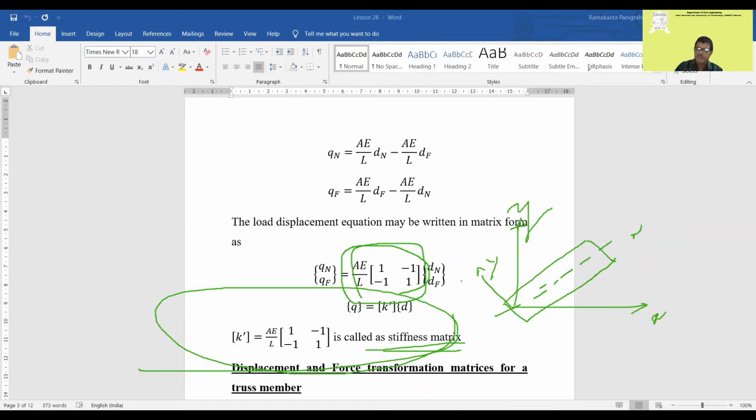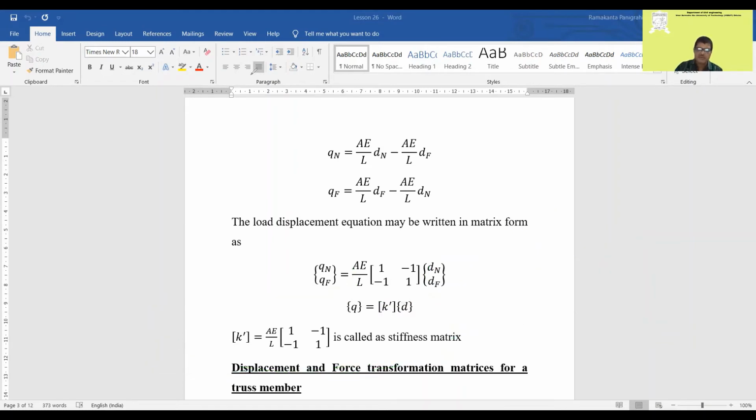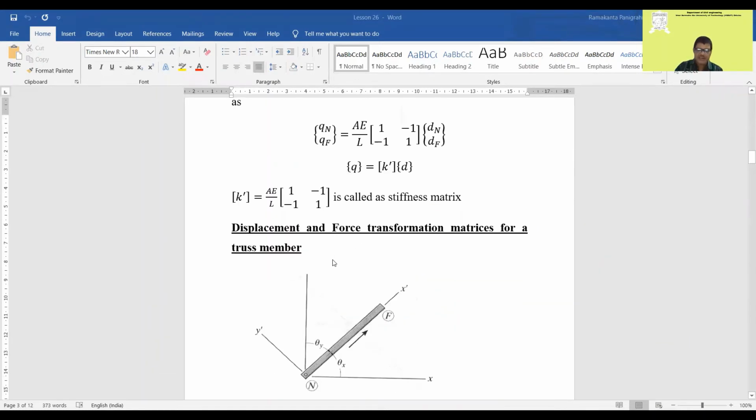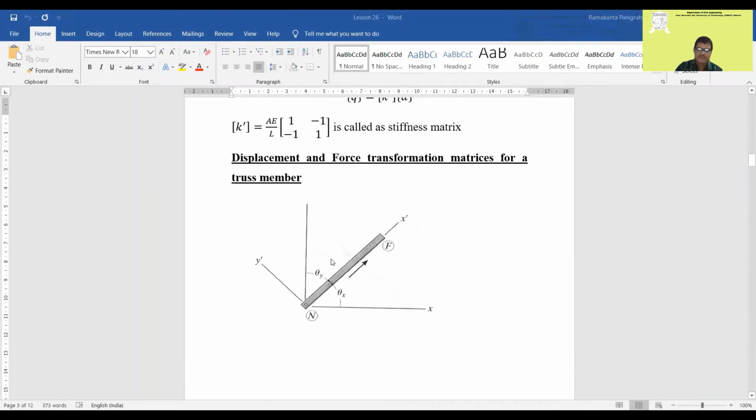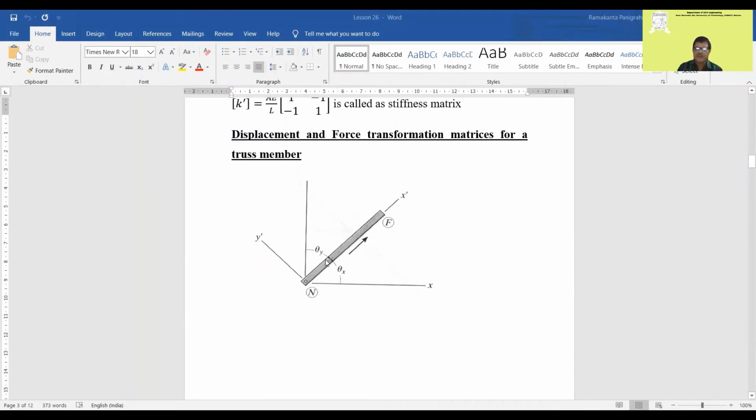Okay. Now let us go for an inclined truss member, and the displacement and force transformation matrix for a truss member along the global directions. So this is the near end, the far end, and this is your global x direction. This is the global y direction. This is the local x direction. This is the local y direction.